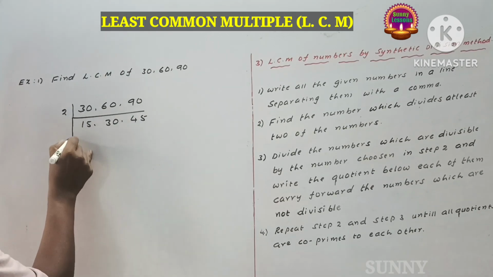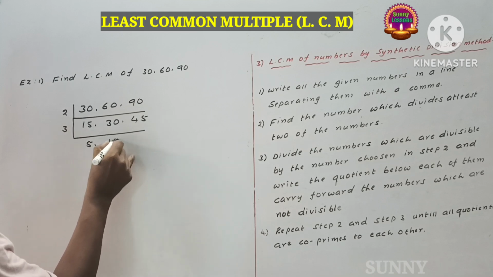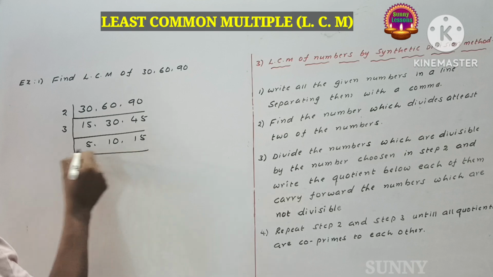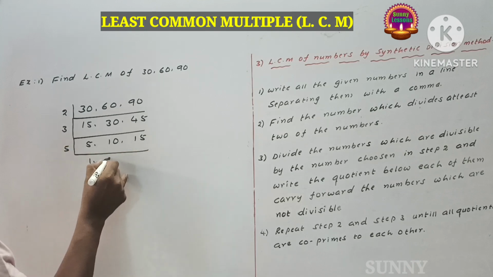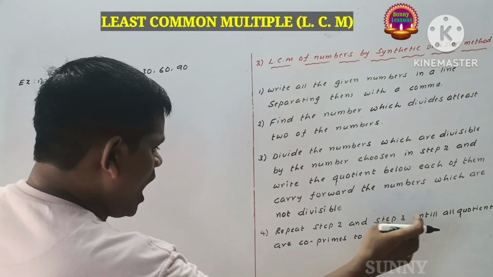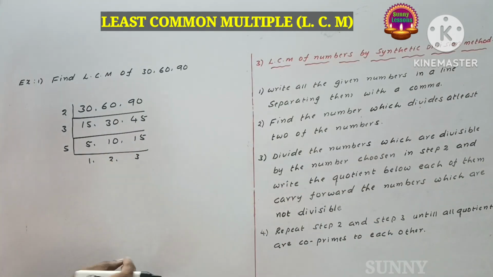Next, we have to take 3. 3 5s are 15, 3 10s are 30, 3 15s are 45. Next, we have to take 5. 5 1s are 5, 5 2s are 10, 5 3s are 15. At last, all quotients are co-primes to each other. 1, 2, 3 are co-primes.